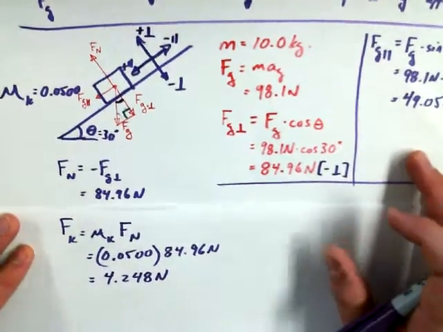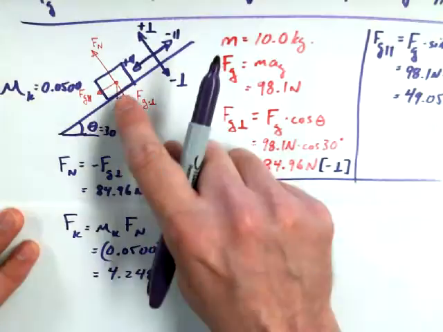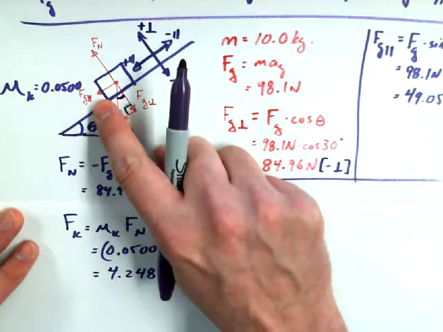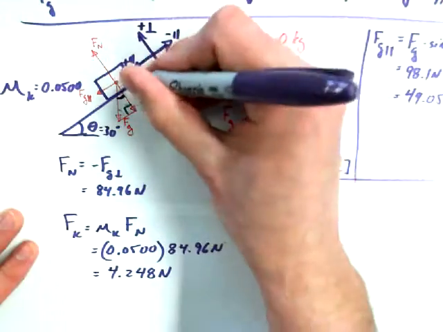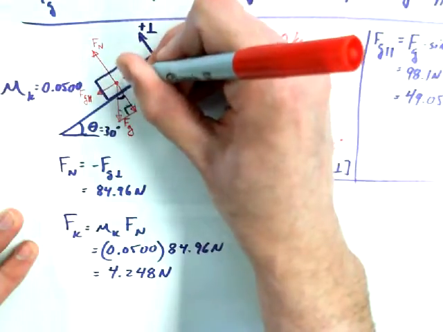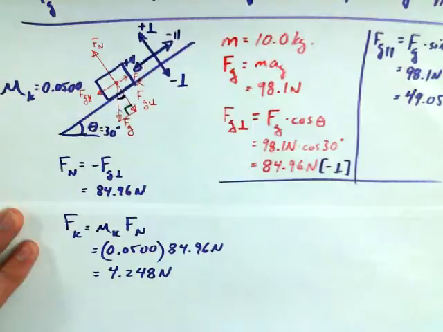Take a look at the free body diagram that we've hashed out there. Yeah, negative parallel, because if you can see here, the gravitational parallel force is going to tend to drag it down the hill, which means that the friction force is going to tend to, and I should put it on my FBD, it's going to tend to drag it up the hill. So I'll call it Fk, trying to keep it from going down the hill.